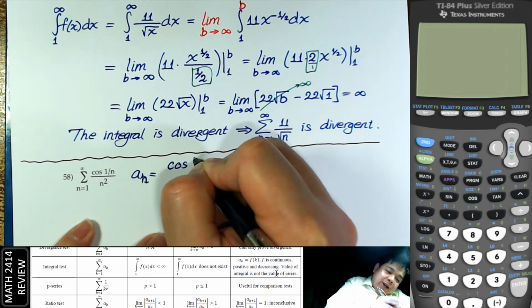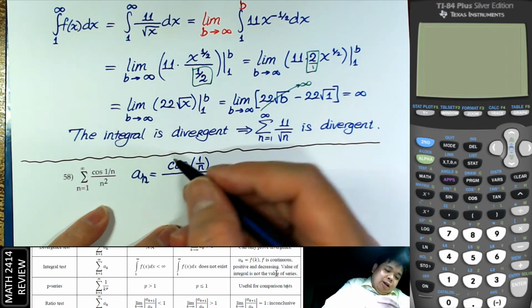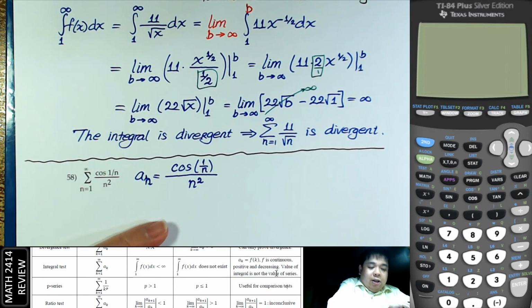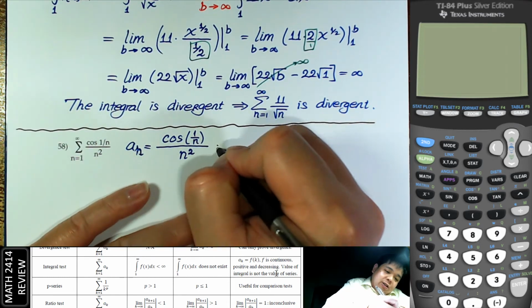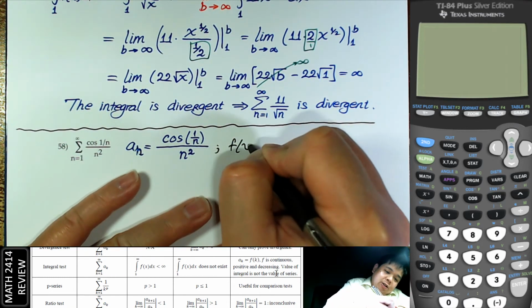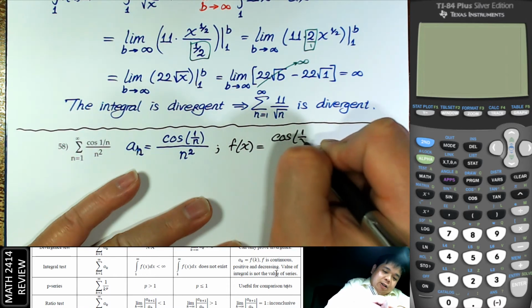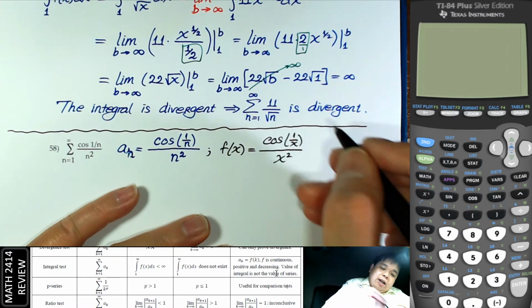Cosine of 1 over n, over n squared. Right. Equivalently, we write this as a function: cosine of 1 over x, over x squared.